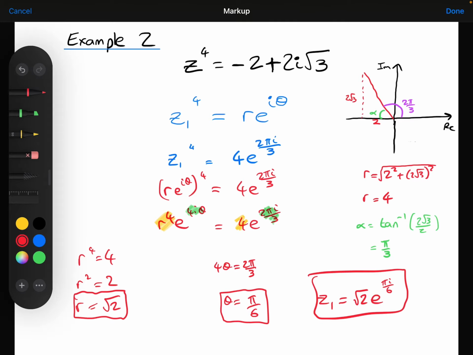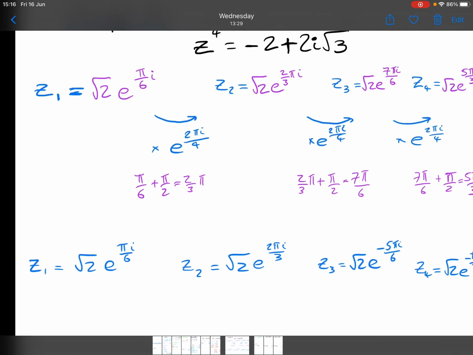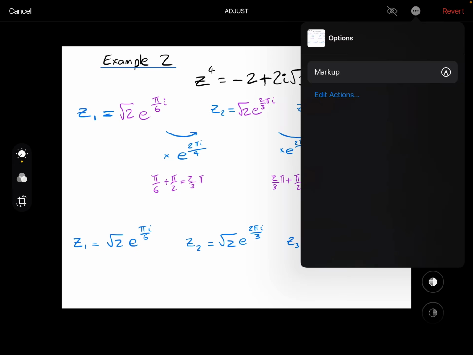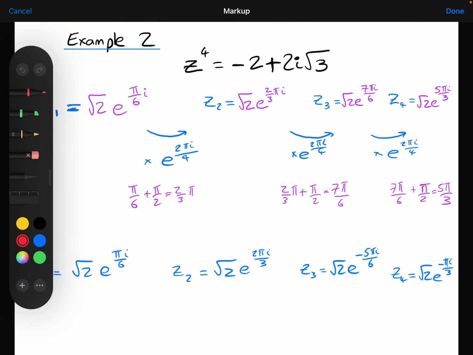And now I've got my first solution, I can use my shortcut to get the other solutions. So all I need to do is take the first solution I've just found and multiply it by the e to the 2 pi i over 4. Remember, multiplying means we're just going to add the arguments.